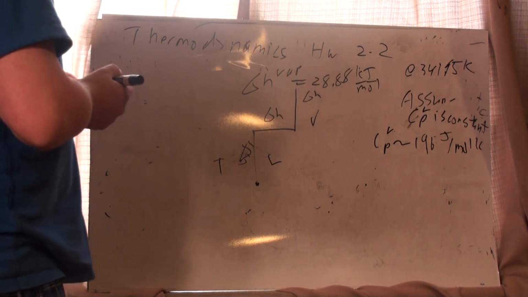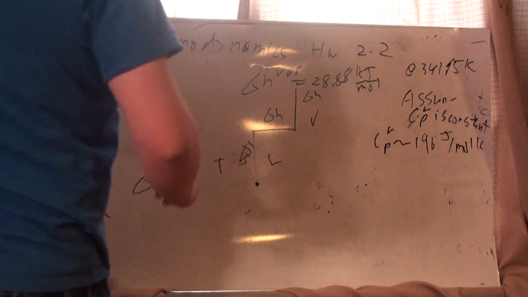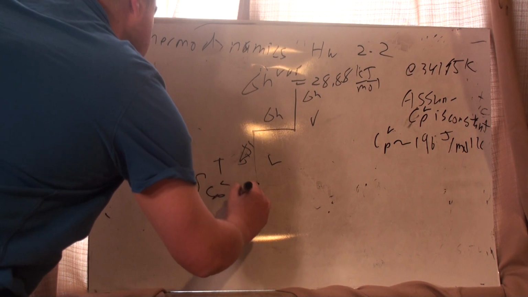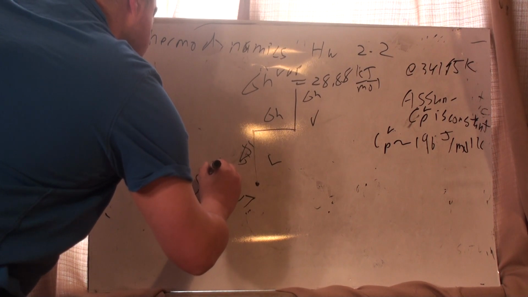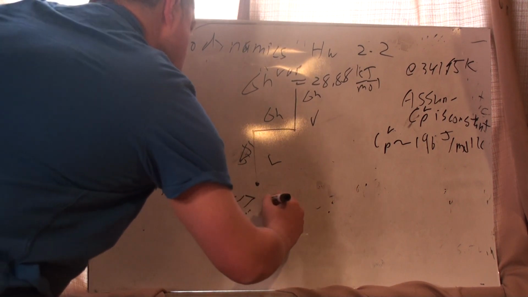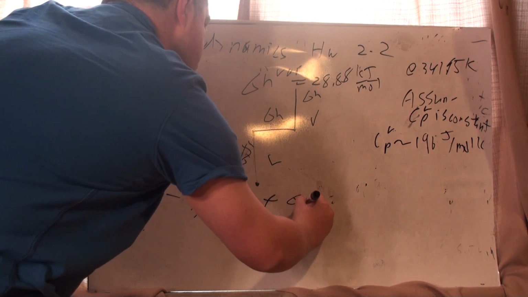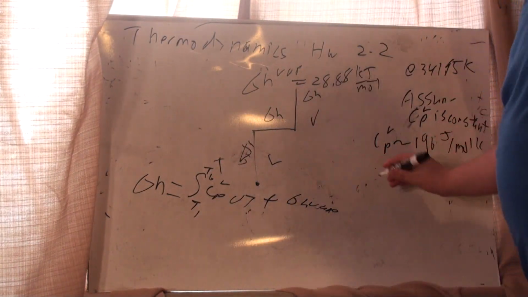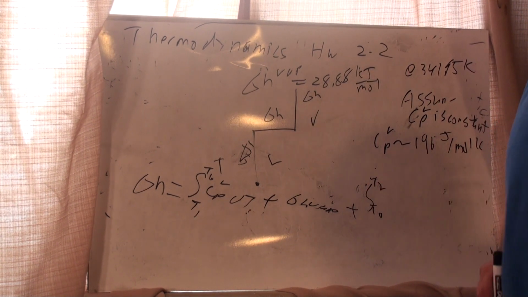So our total delta H is basically going to equal the integral of Cp of the liquid dT from T1 to the boiling point, plus the heat of vaporization. Okay. So it's going to get up to the boiling point, and then it's going to vaporize, and then I'm going to go from TB to T2. Okay?